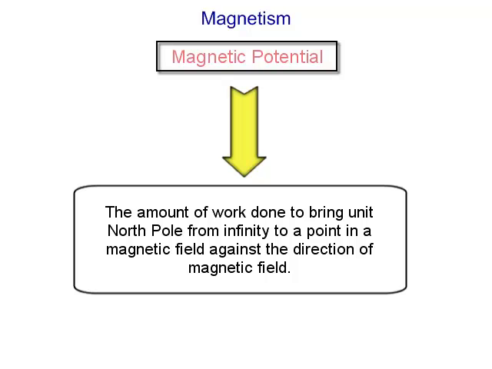This is an imaginary or hypothetical definition because it is not possible to isolate the north pole from the south pole. But for understanding purposes, or to have a definition analogous to electric potential, usually the magnetic potential is defined like this.